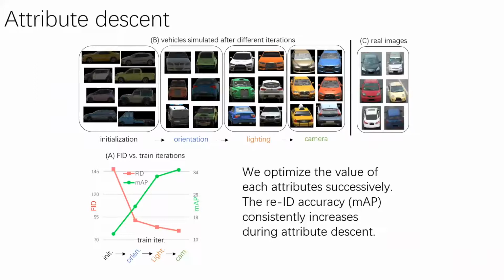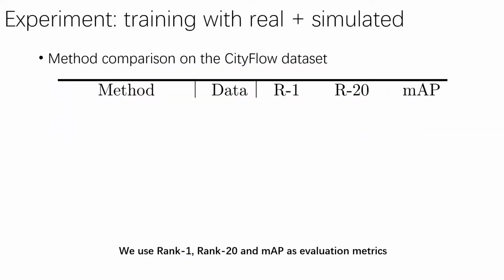We initialize attributes by setting orientation to the left, the light intensity to dark, light direction from the west, and the camera height and distance to their smallest value. We can see our source synthetic dataset gradually approximates the target attribute distribution in the order of orientation, lighting, and camera settings.